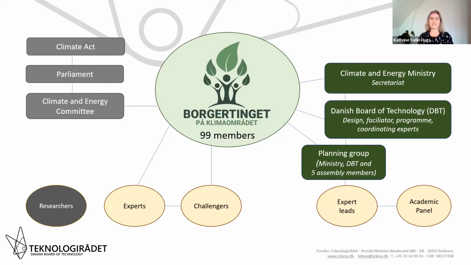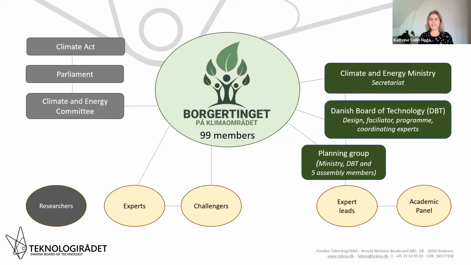The target of 70% reduction comes from the Climate Act, and the Act also mentioned that there should be a Citizen Assembly on climate to help government do that. So the Citizen Assembly reports to the Climate and Energy Committee. They did that last month.